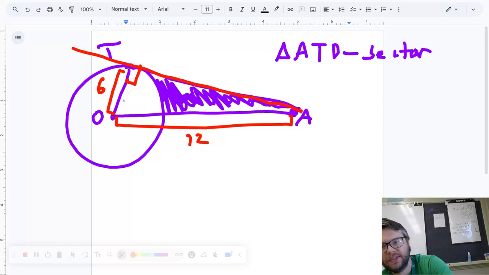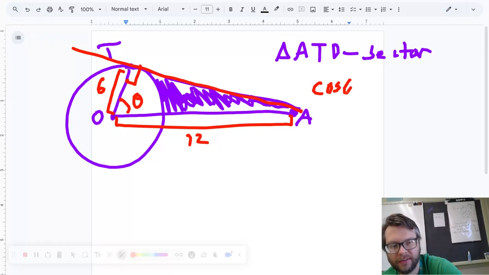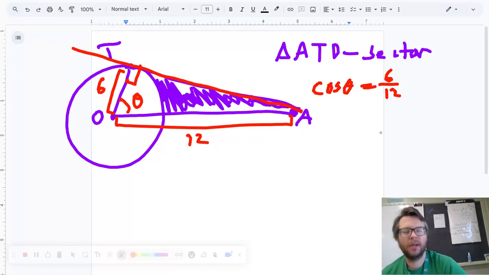So I'm going to look at this angle right here as angle theta. That angle is adjacent to 6, and the 12 is the hypotenuse of that triangle. So adjacent and hypotenuse means I'm going to do cosine of theta equals adjacent over hypotenuse, and I'm going to do inverse cosine, but I'm going to make sure that I'm in radian mode first, because like I was just saying a second ago, those formulas like you to be in radian mode.